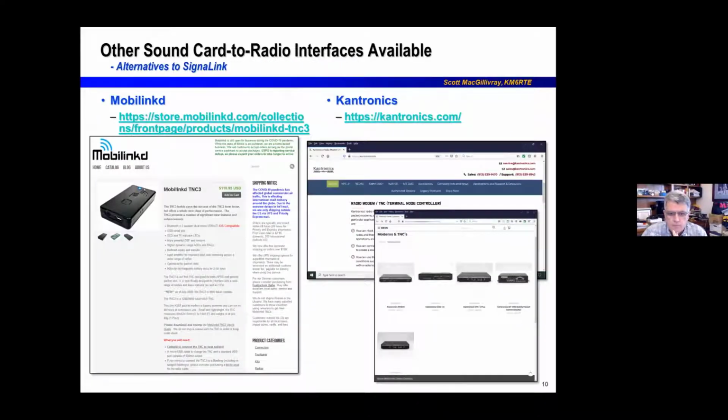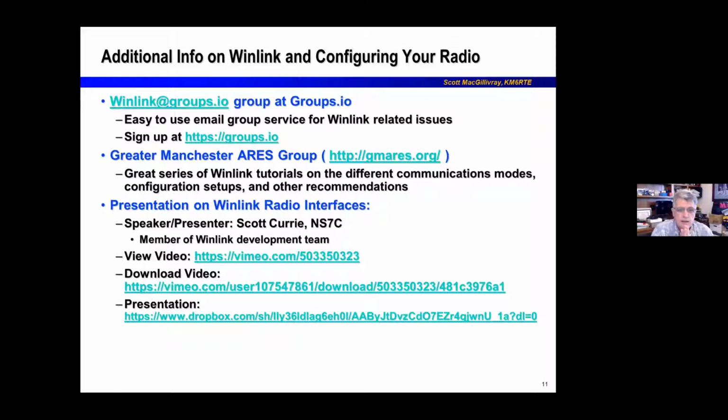Okay, and then basically at this point, for additional info, I would highly recommend signing up for the Winlink group at groups.io. You basically just go to the HTTPS groups.io and sign up, create an account, and add whatever groups you want. Actually, I'm going crazy. I think I have 7 or 8 groups right now that I'm a member of.